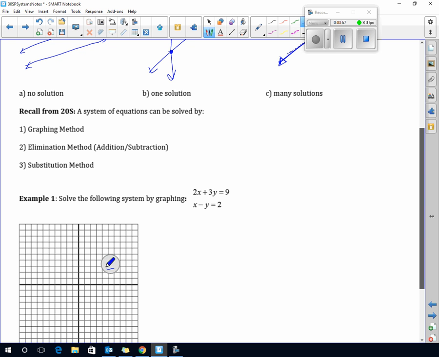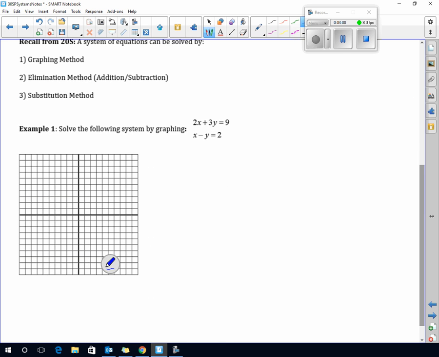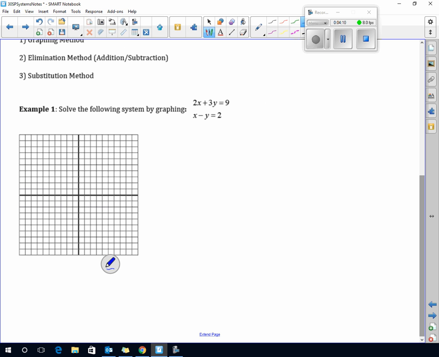We're going to solve by graphing. So what is the easiest way to graph this first line? Find the intercepts.